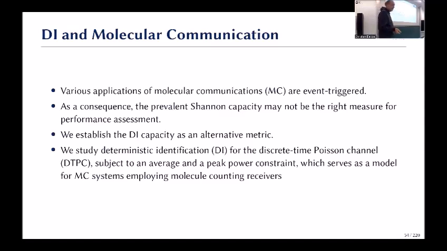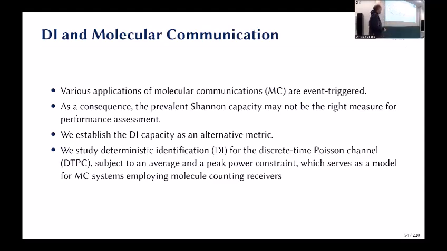So where can we use deterministic identification? One application we found by talking to people from biology and to Robert Schober is that molecular communication could be an application. We want to find out how molecules communicate with each other.